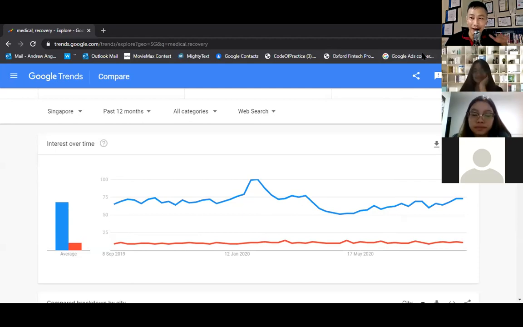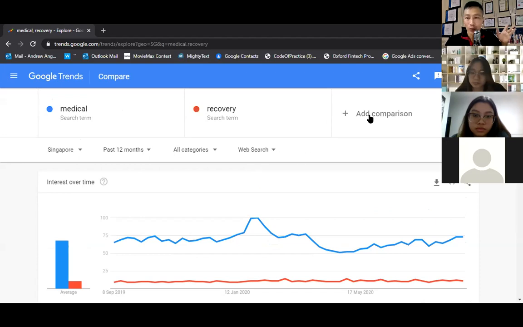So this is a very easy, layman, useful way for you to do a search. It helps you in terms of popularity; this is the interest over time, always out of 100. When you compare keyword to keyword, you then know which one is the better one.